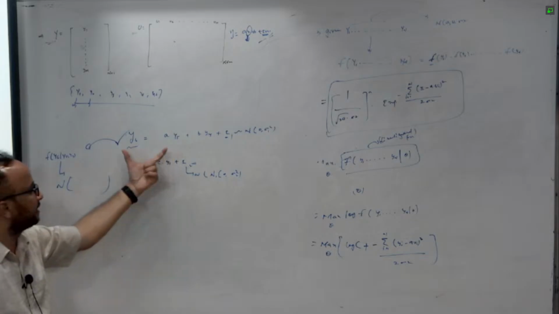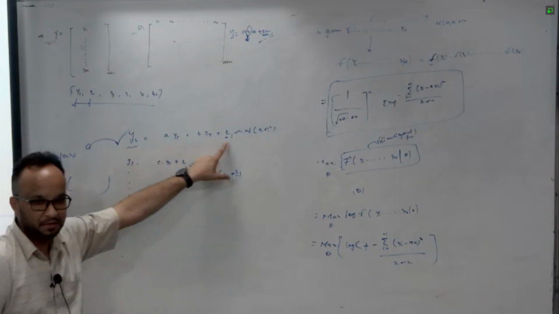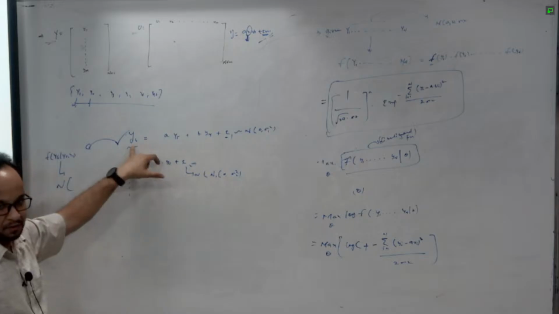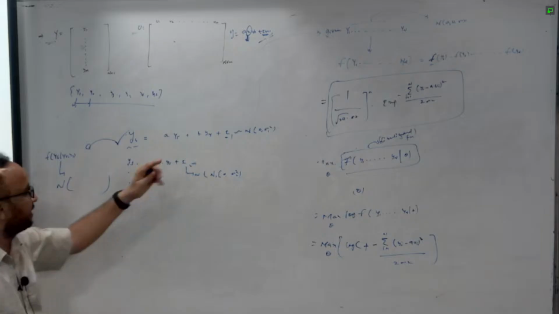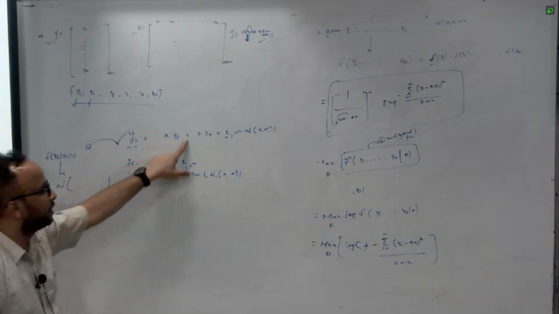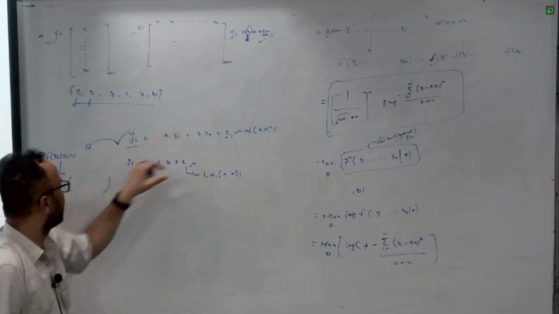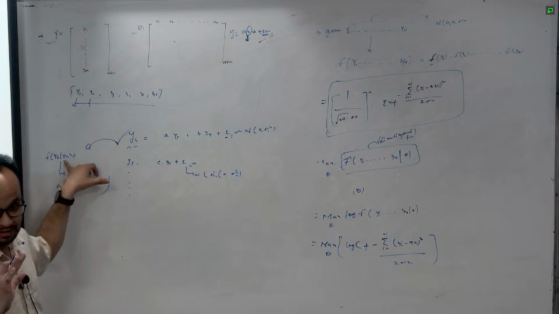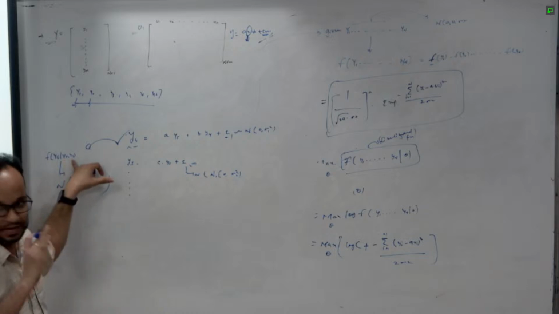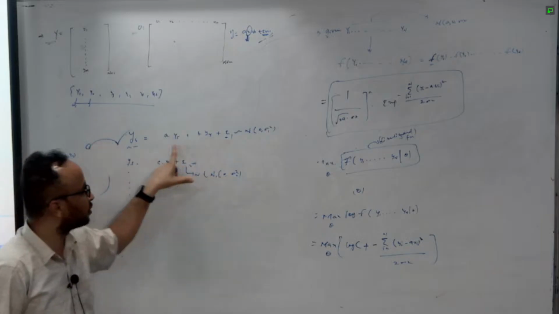This is a random function, because epsilon 1 is random, so y6 is a random variable. To find the mean, I just take the expectation. If I take the expectation, you get the expectation of a into y5 plus the rest. Given y5, y4, being given means they are no longer random. Imagine y5 and y4 are given; I know those values, so they are constants. So when I take the expectation, they come out.